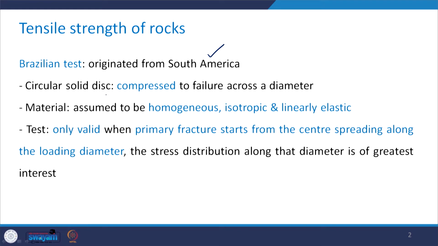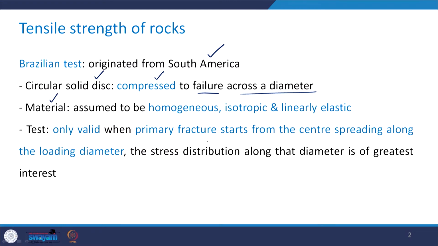In this you have a circular solid disc which is compressed to failure across the diameter. That means you have a circular solid disc which you will subject to compressive loads rather than tensile load. The material in this case is assumed to be homogeneous, isotropic and linearly elastic.